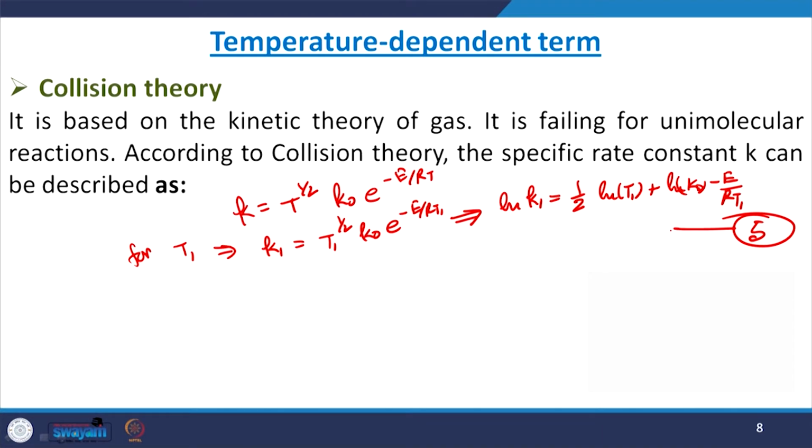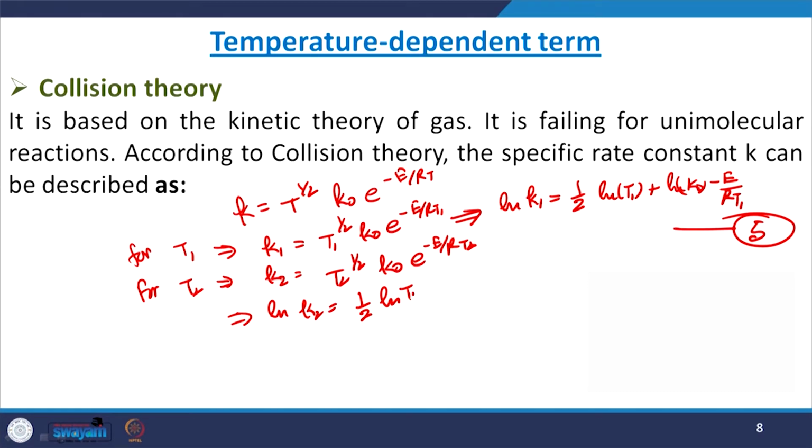Previously, we discussed equation 4. For T2, K2 is equal to T2 to the power half K naught e to the power minus E upon RT2, and ln K2 is equal to half ln T2 plus ln K naught minus E upon RT2.